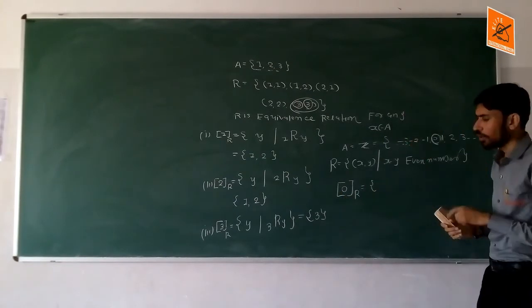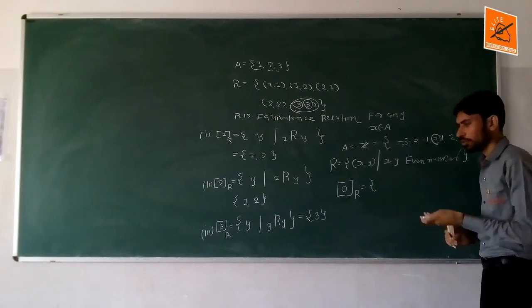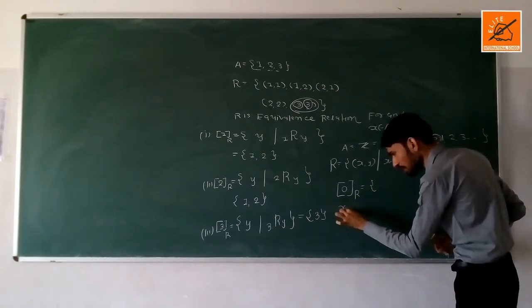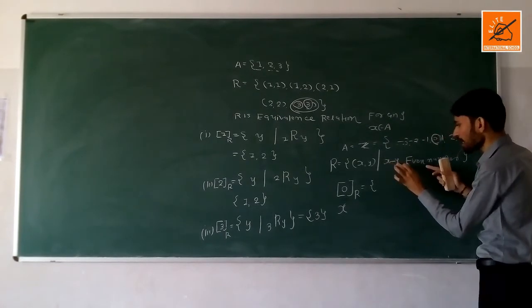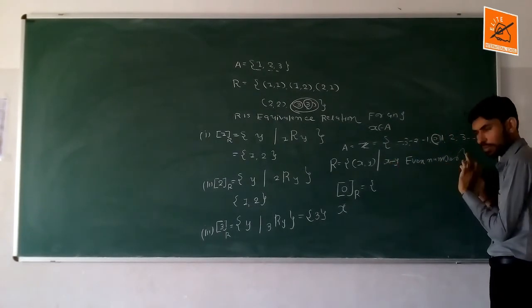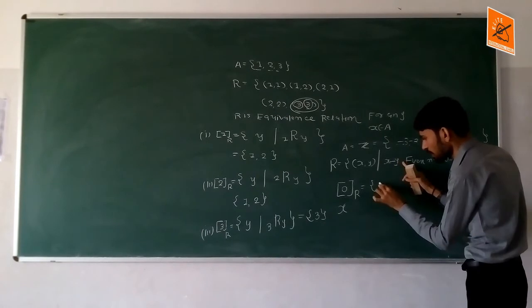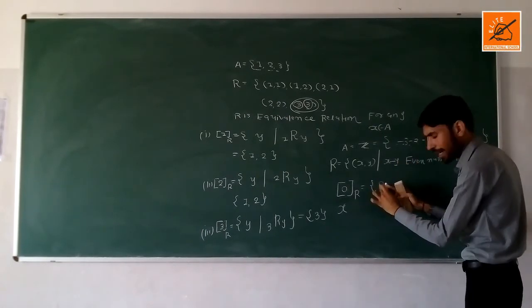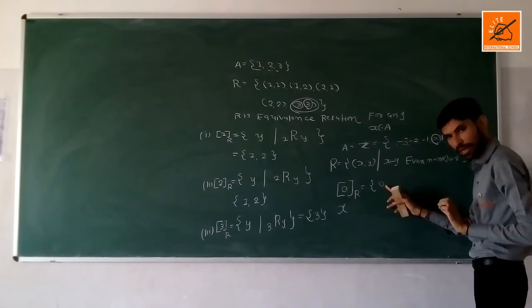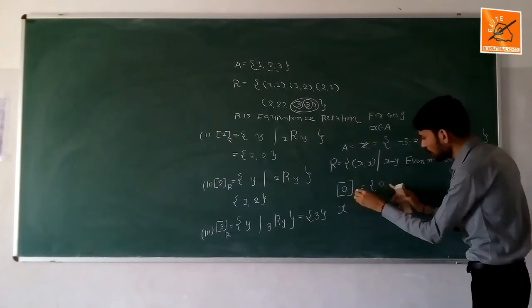So now observe which elements are related to 0. Our condition is that x minus y is an even number. The first element is 0, because 0 minus 0 is 0, and 0 is an even number. So 0 is related to 0.